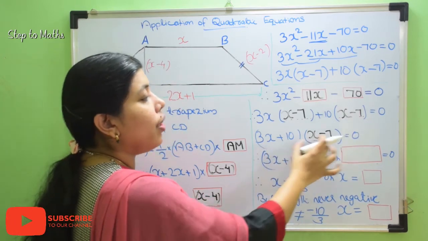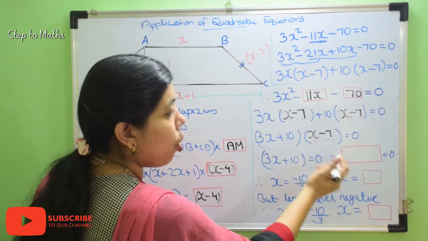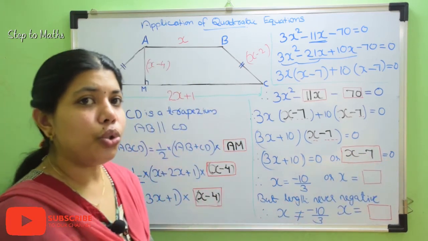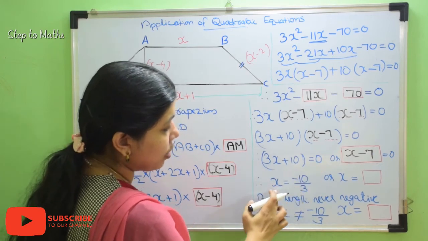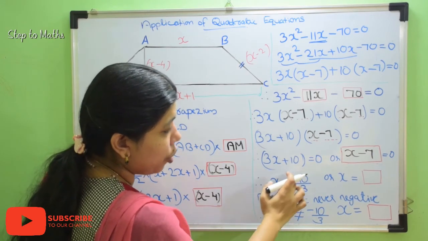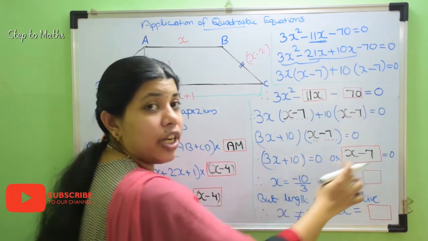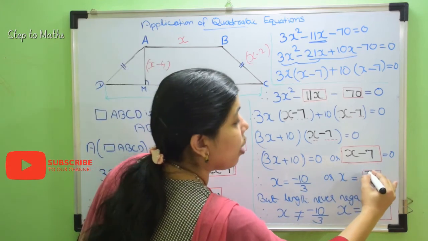Now equate each term to 0. That is 3x plus 10 is equal to 0 or x minus 7 is equal to 0. 3x plus 10 is equal to 0 means the value of x is equal to minus 10 by 3, or x minus 7 is equal to 0 implies the value of x is equal to 7.